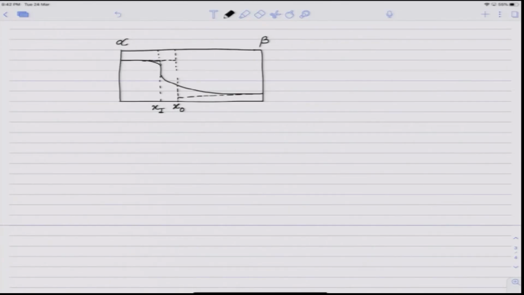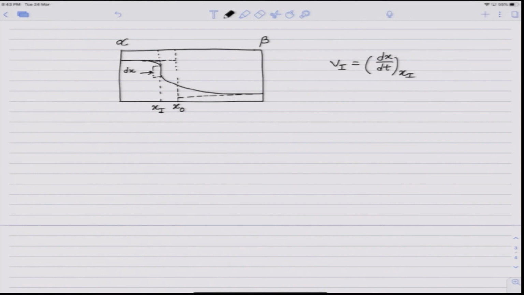So, let us say this interface at xi at time t is moving with a velocity v I. So, v I is nothing but dxi by dt. If I consider a very small element of width dx around the interface, and since I am considering a unit cross sectional area, the volume of this element is dx.